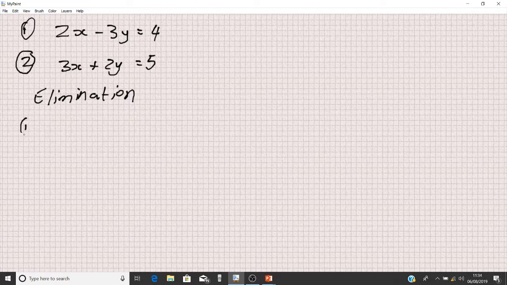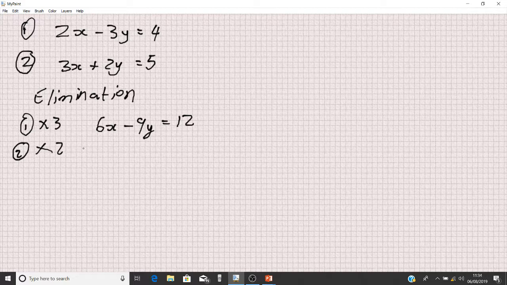So if I take line 1 and I multiply it by 3, that will become 6x minus 9y equals 12. And I'm going to take line 2 and multiply it by 2. The reason I'm doing that is I will end up with a 6x, and this will allow me to eliminate x. So 6x plus 4y equals 10.